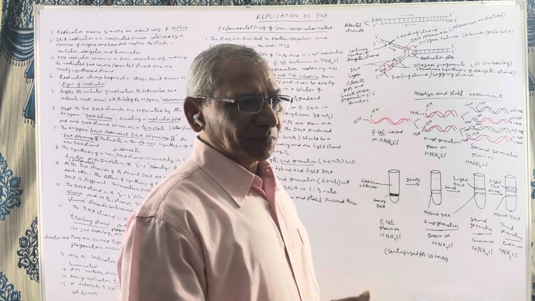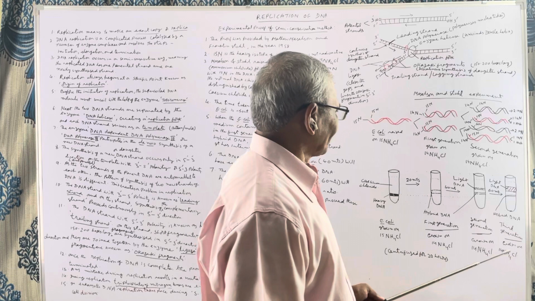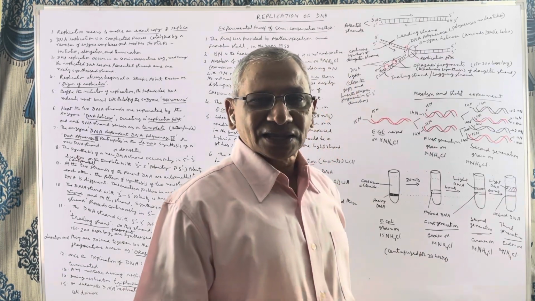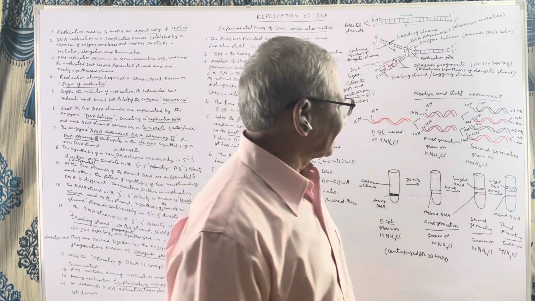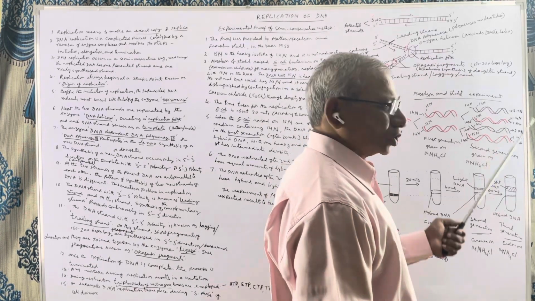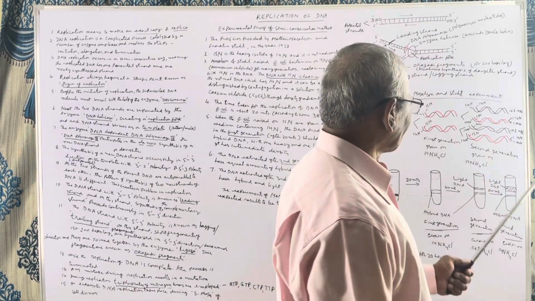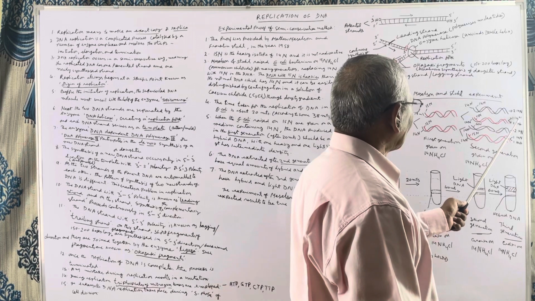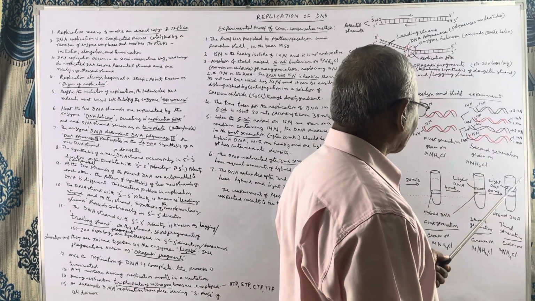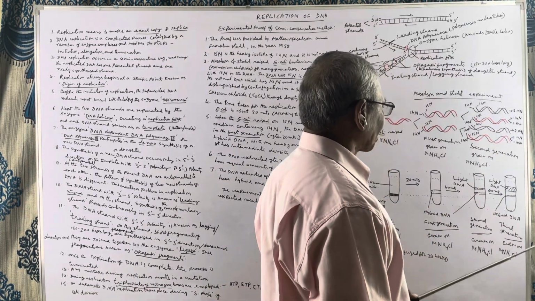If you continue the multiplication further for another 20 minutes and we extract the DNA, after 60 minutes what happens? We get only 2 types of DNA, that is hybrid and light DNA in 1:3 ratio.